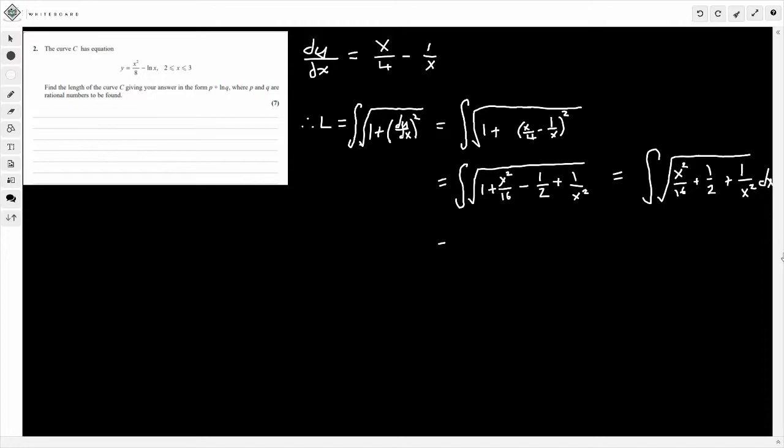Now the trickiest bit probably is recognizing what this is. We can factorize this; it's two brackets. It's going to be very close to what we had originally. So it's the square root of (x over 4 plus 1 over x) all squared.